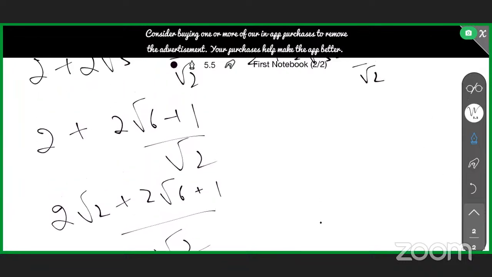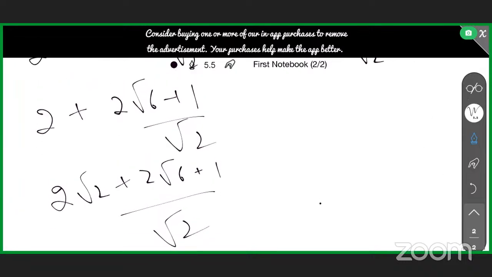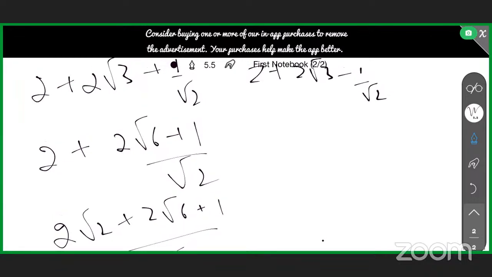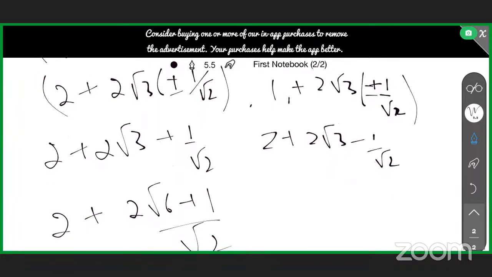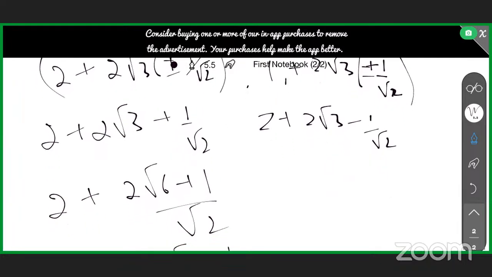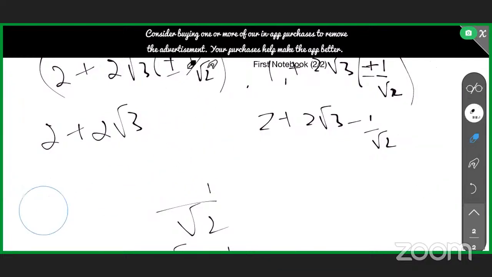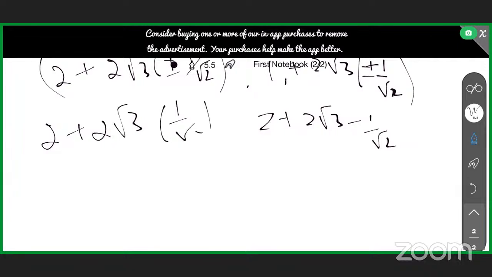Sir, here are we multiplying cos theta into r or adding? Okay, so this is addition, so it's the multiplication. Just a minute. So it is plus 1 by root 2. So this becomes root 2. Therefore, 2 plus root 6.